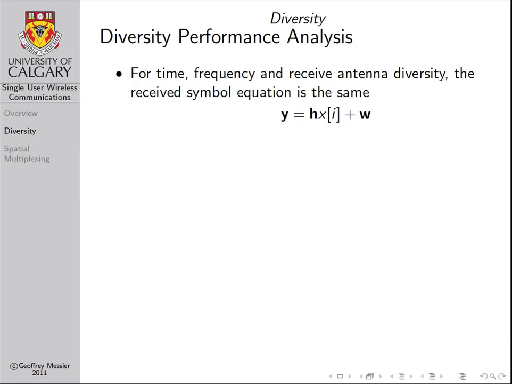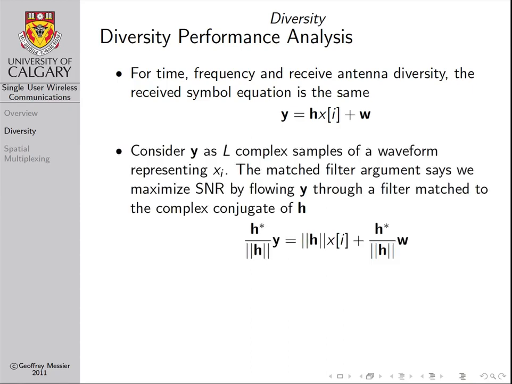So it's a very generic derivation in that sense. We have these L copies of the transmitted symbol, all experiencing different fading values, ideally. And the question is, how do we combine them? What do we do with them?